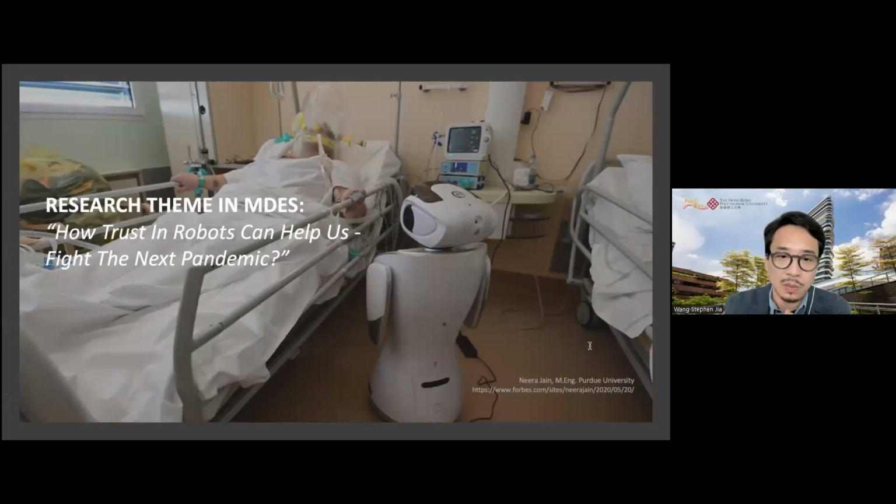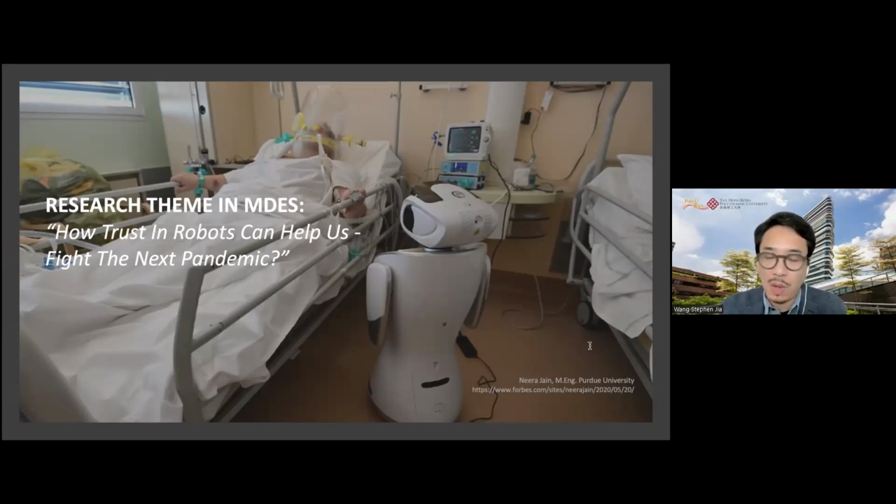For example, we all remember at the beginning of COVID in Italy, they used a robot called Tommy in the hospital to serve the patients. And this robot is run by AI. So it's supposed to be very smart, but people still don't like it, don't feel comfortable, because AI actually cannot replace the comfort and compassion of a human being.